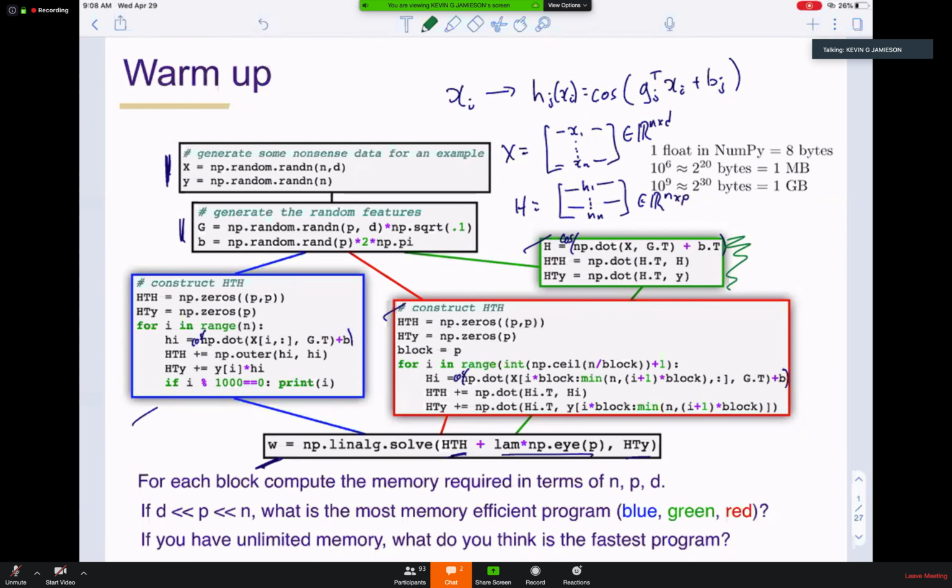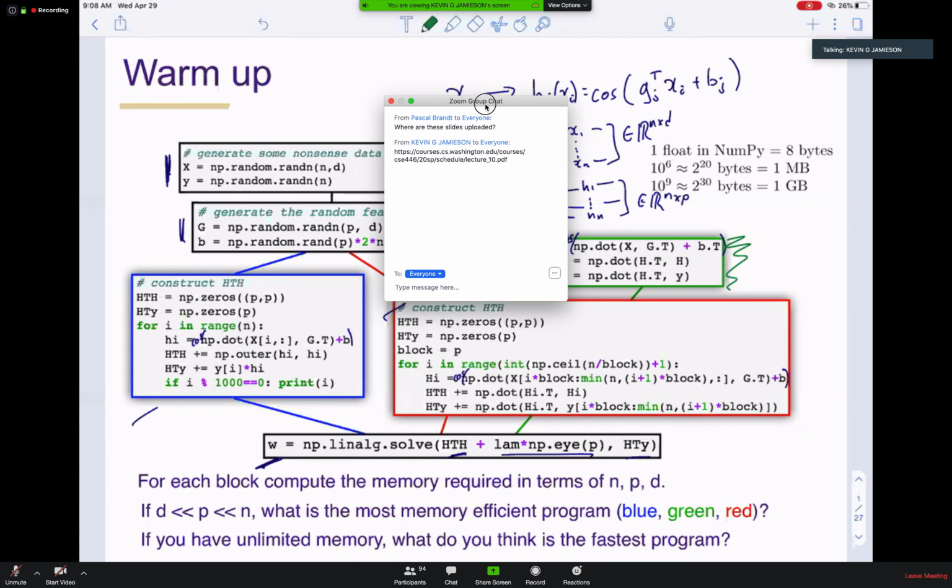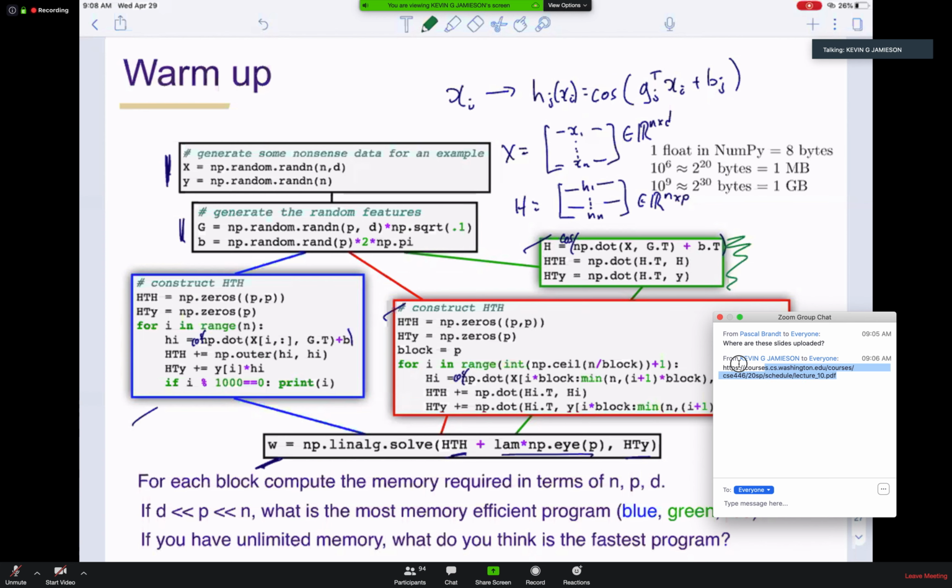This is what you would do if you're using inner products or matrix multiplies. This is just using NumPy's matrix multiplies, and this is going to be the fastest one because you're taking advantage of all the matrix multiplication optimizations that NumPy and LAPACK and BLAS and all of these linear algebra libraries behind the scenes can use and exploit.